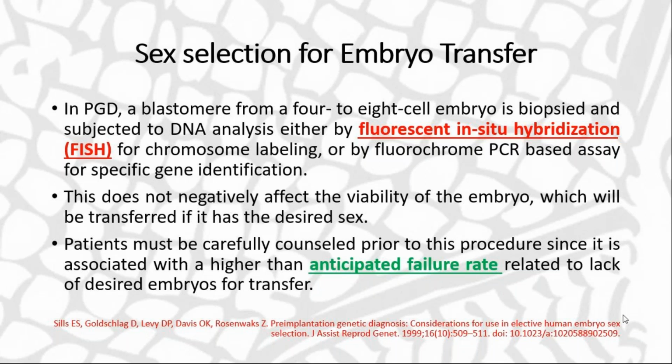This PGD sex selection, identifying whether the embryo is a boy or a girl, will not negatively affect the embryo after transfer. The main problem with PGD is that it has an anticipated higher failure rate than other methods of sex selection, because in some cases we will not find the desired sex embryo for transfer.